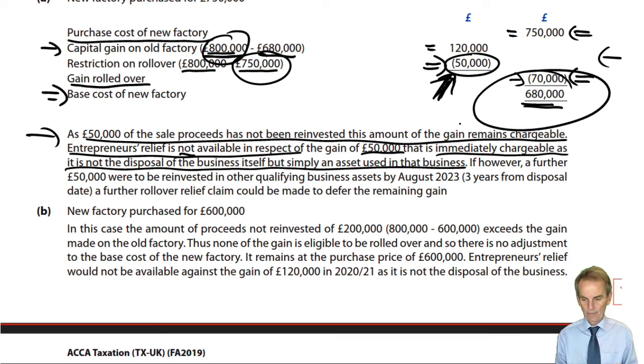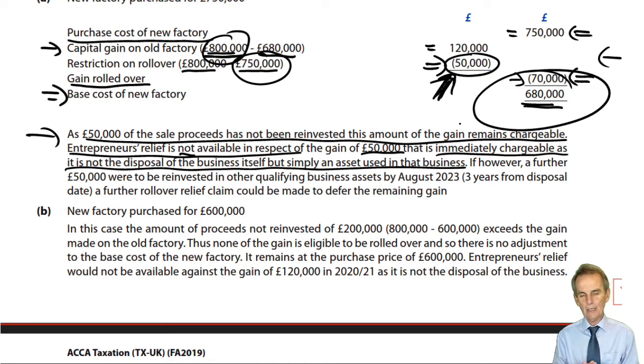But if that did happen, then we would always point out wherever you have partial rollover, then although we can do the number calculations as it stands, how much of the gain will remain chargeable, how much is deferred, and how that deferral, that rollover occurs, how it reduces the base cost of the newly acquired asset at that point in time.